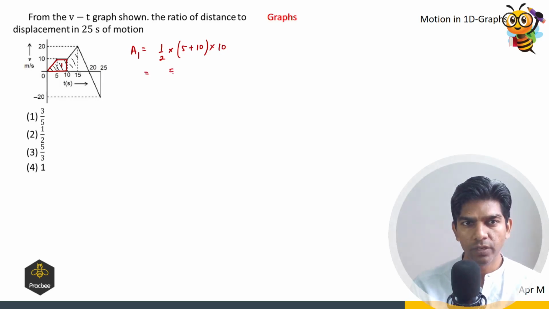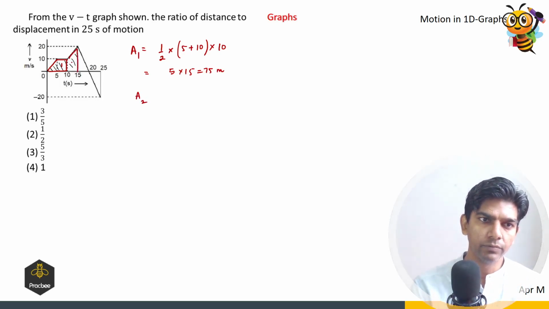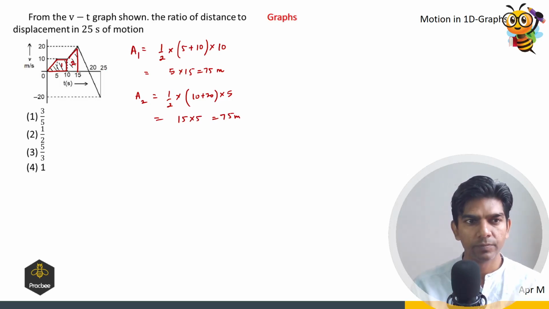So it comes out to be 5 times 15, which is 75 meters. And A2 is this area. Again, half times the sum of parallel sides, which is 10 plus 20, and the distance between the parallel sides is 5, so it will be 15 times 5, which is again 75 meters.